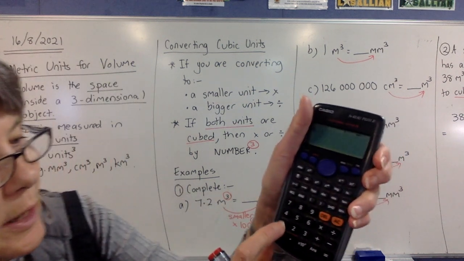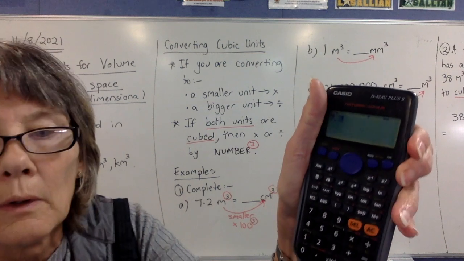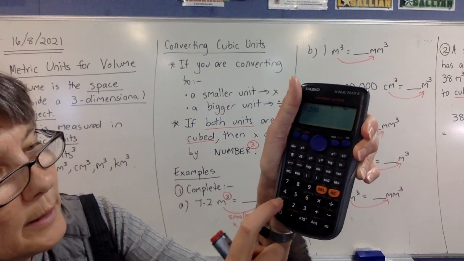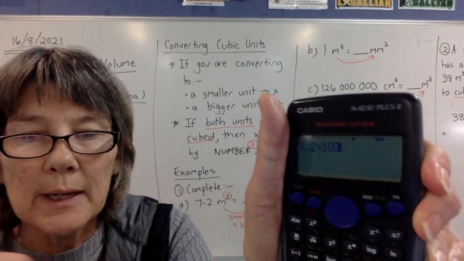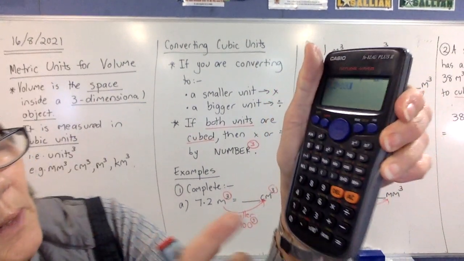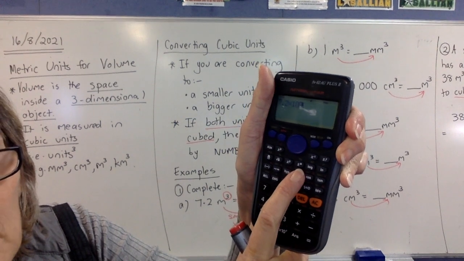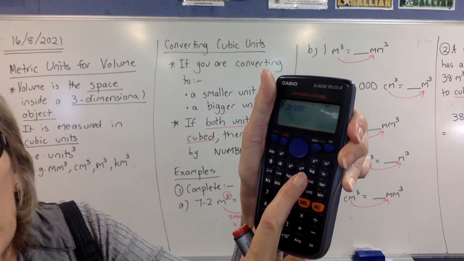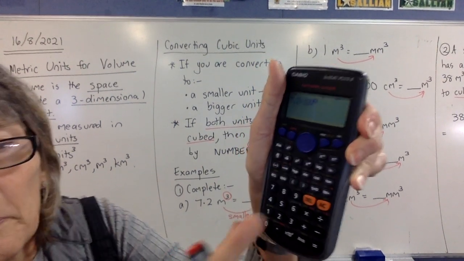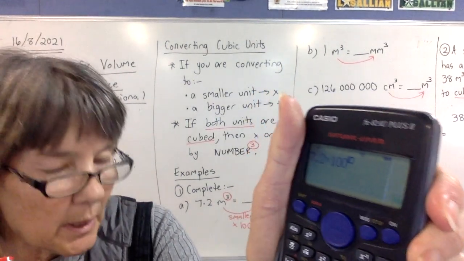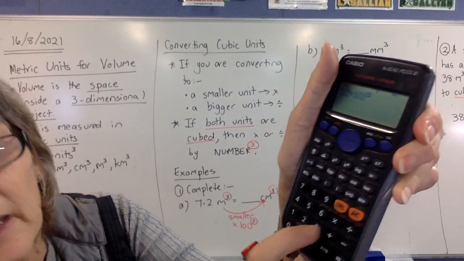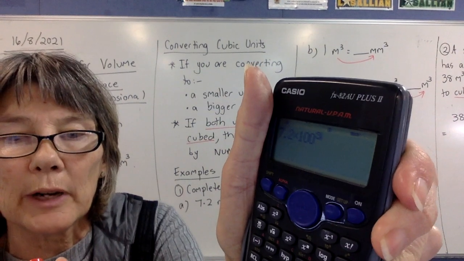So we do 7.2 times 100. Now we need it cubed or to the power of 3. So this is your squared button here, x squared. Next to it, it says x with a little square at the top. That's the one we want. We're pressing that. A little square comes up and we're going to put a 3 in there because we want it to the power of 3.